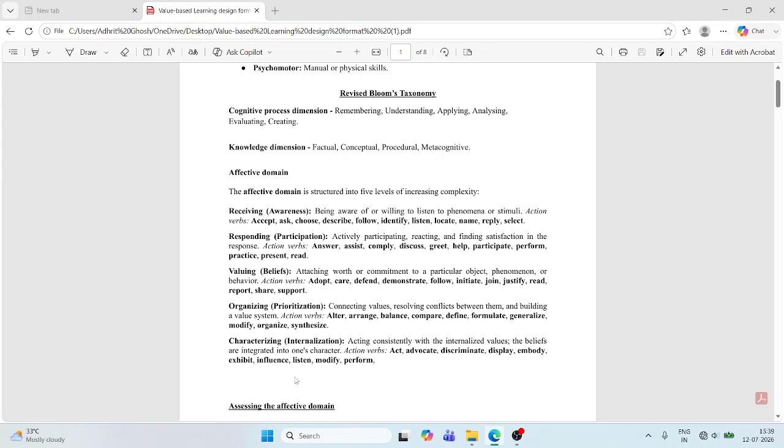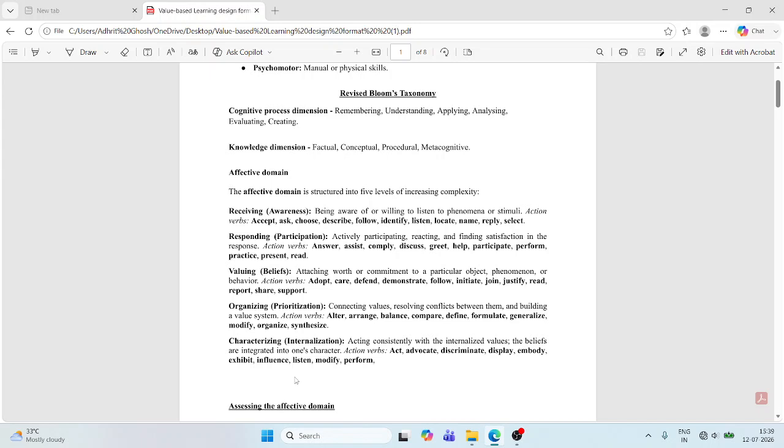And each level also has specified action verbs, which I have mentioned here. The next level is responding. That is how an individual responds after receiving that information or the stimuli. They actively participate, they react to that information, and they find satisfaction in the response. They give some kind of response through participation.